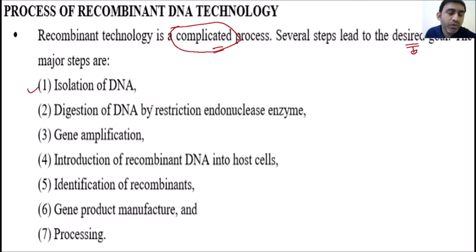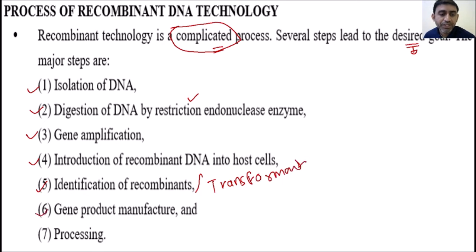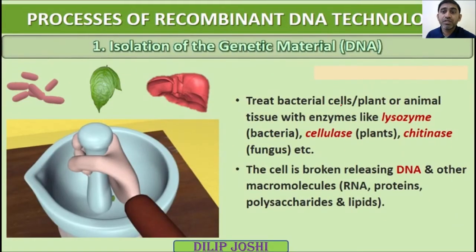So initially we need to isolate the DNA, then digest the DNA with the help of the restriction endonuclease enzyme, then amplify it, which means multiplication is going to happen, then introduce the recombinant DNA, the new DNA, and then we can identify the recombinant, or transformant or hybrid. Then gene product manufacture, and then final processing is going to happen.